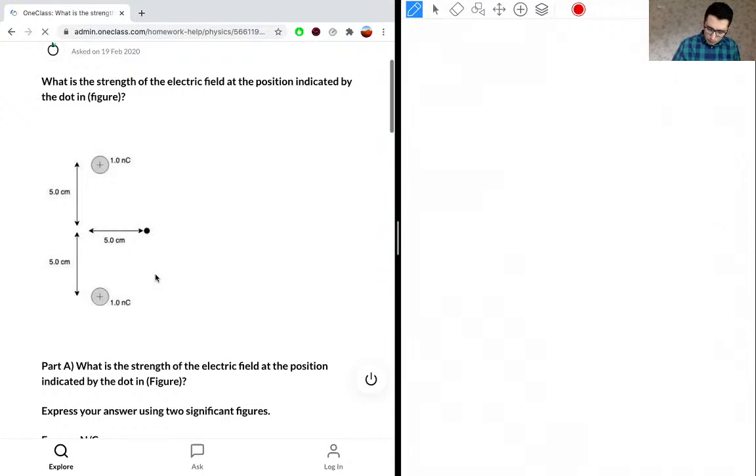We have some dot, a positive charge over here, a positive charge here, and between here and here, that's 5 centimeters, and between here and here, 5 centimeters.